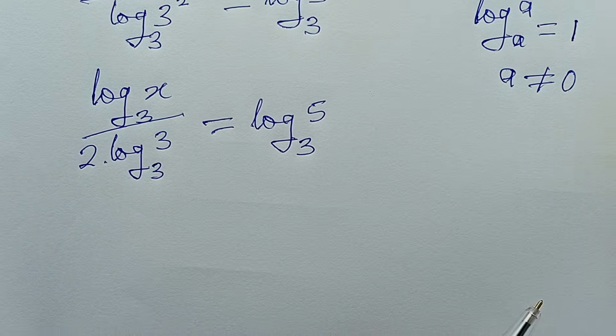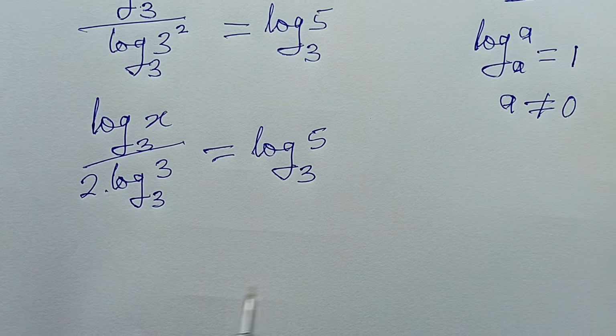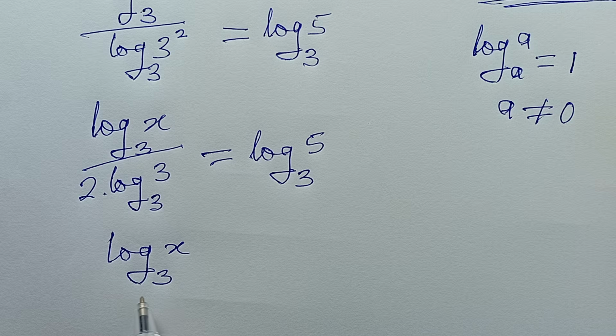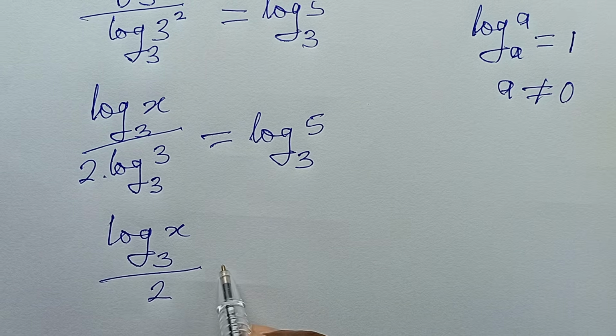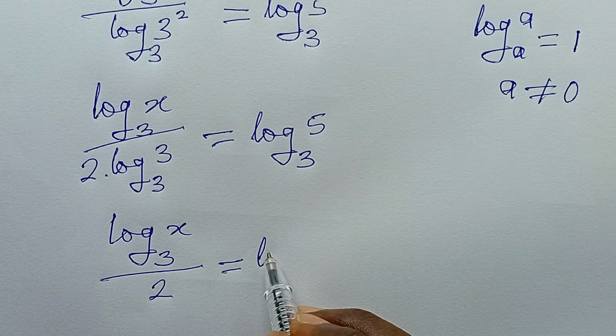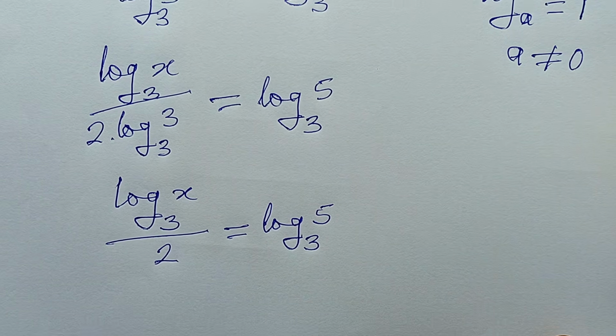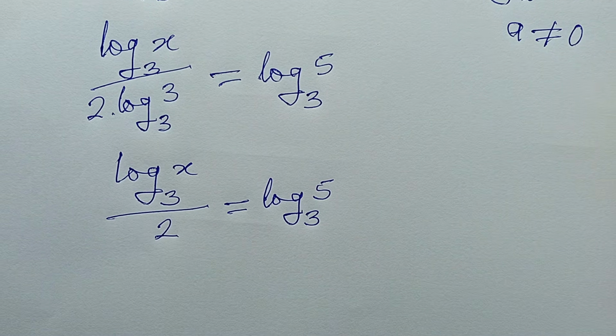And so we're going to have log x base 3 all over 2 is equal to log 5 base 3. So multiply through by 2.